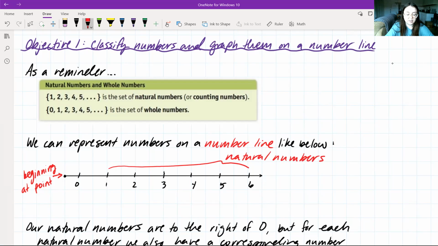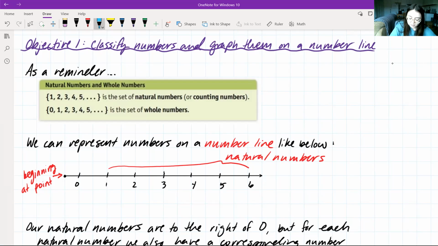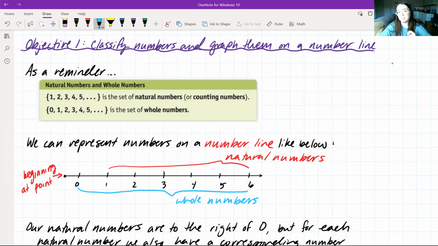And 0 through 6 would be our whole numbers. So if our number line begins with the value of 0, they can be our whole numbers. If they begin with the value of 1, they can be our natural numbers.